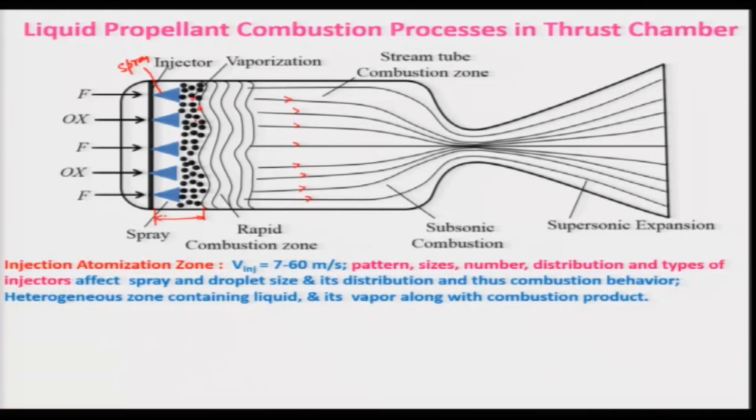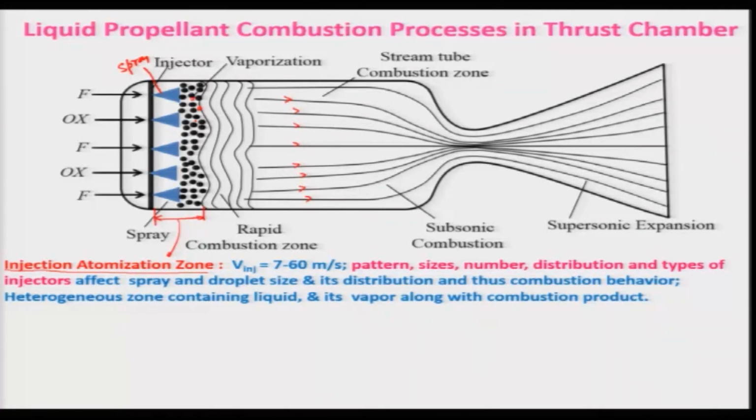In this zone, the injection velocity will be of the order of 7 to 60 meters per second, even sometimes more, and the spray and droplet size and its distribution, and also the vaporization, will depend on the injector pattern, sizes, number of injectors, the type of propellants, and the type of injectors.